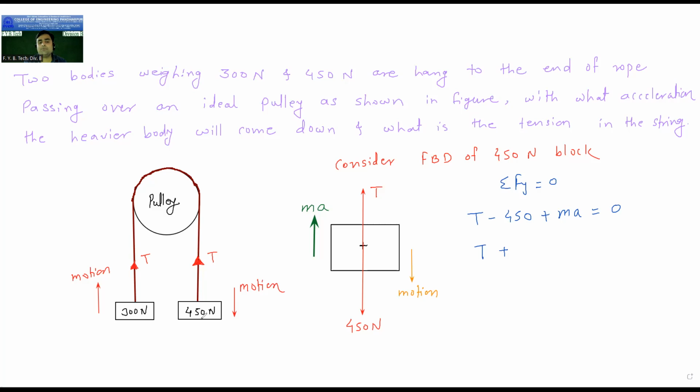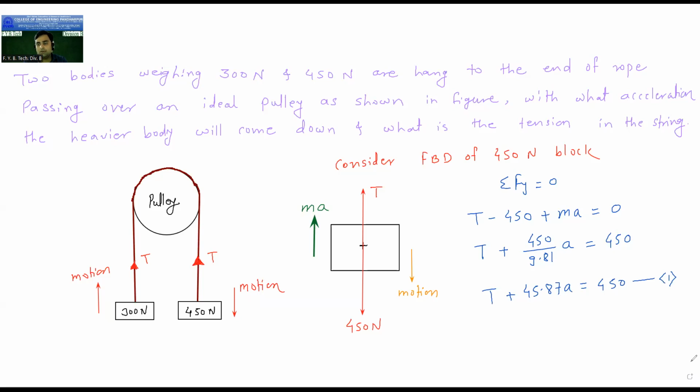Weight is given, 450. So weight divided by g, 9.81, will give you the mass, into acceleration, which we don't know, equal to 450. So T plus 45.87A is equal to 450. This is equation number 1. Please check the values. Similarly, when we solve for the 300 Newton block, in the same way we will get another equation, and then we can solve those two equations.